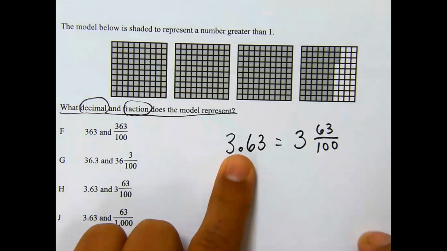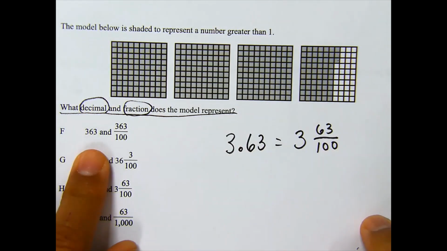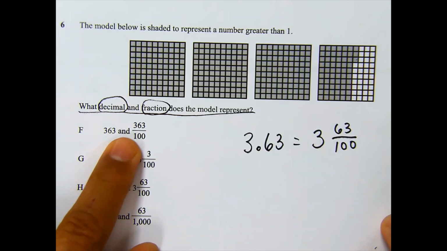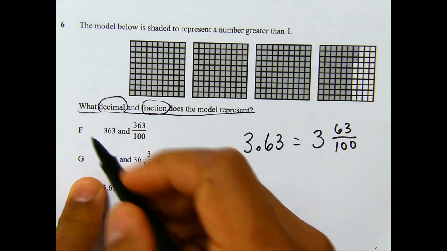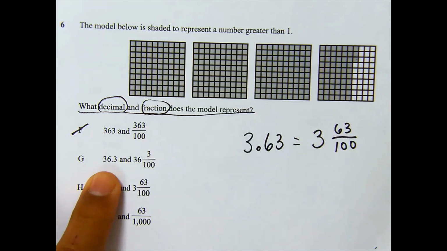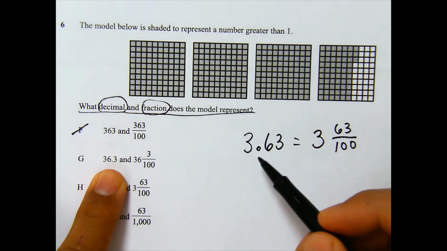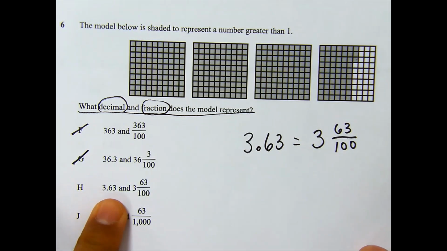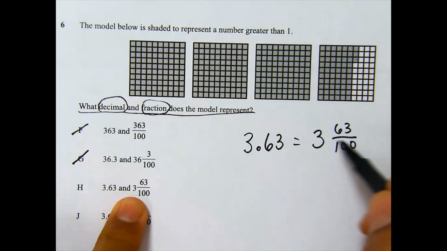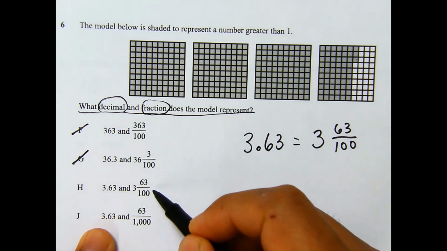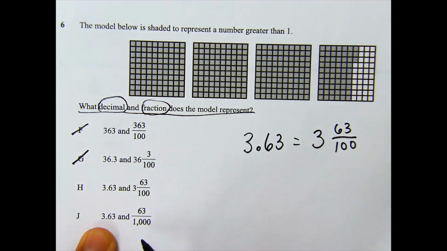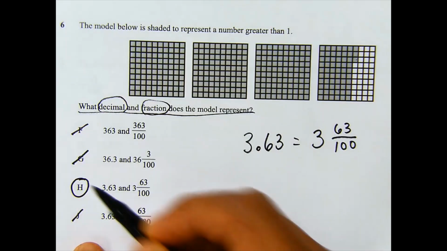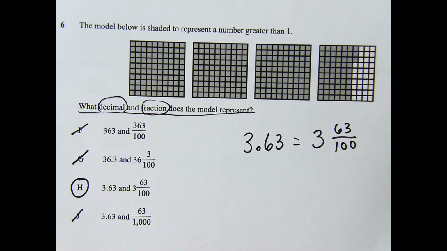So I have my decimal and I have my fraction. This is 363? No, it should be 3 and 63 hundredths. 3 and 63 hundredths and 3 and 63 hundredths. This one's our answer. This is 63,000, so it can't be that one. So H has to be our answer.